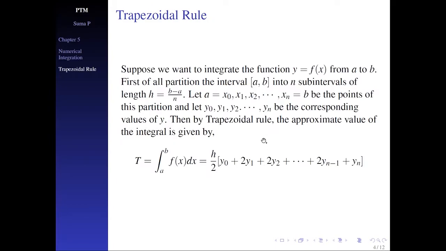The first case is the trapezoidal rule. Here we have to integrate the function y equal to f of x with the limits a to b. We divide the interval ab into different partitions, starting from x0.